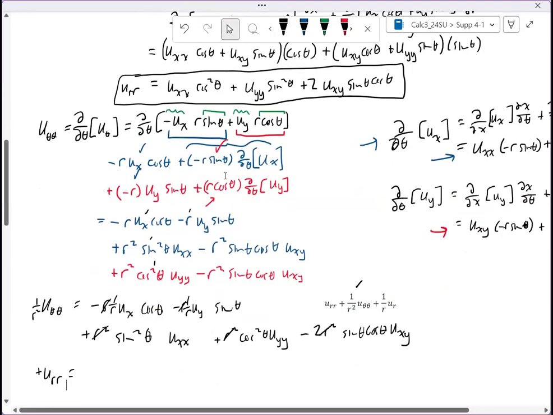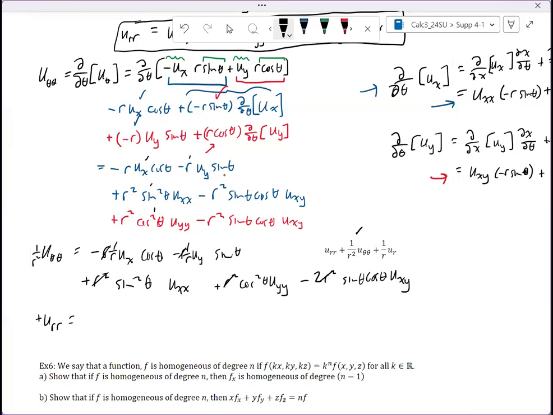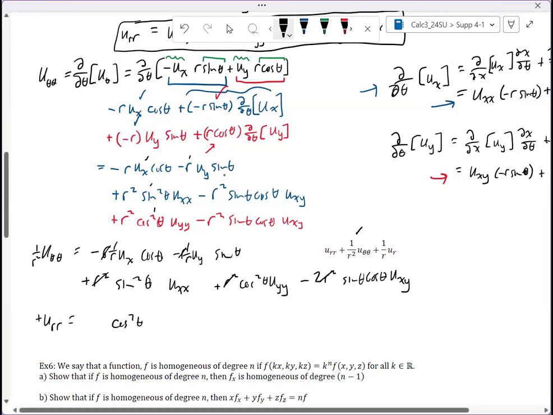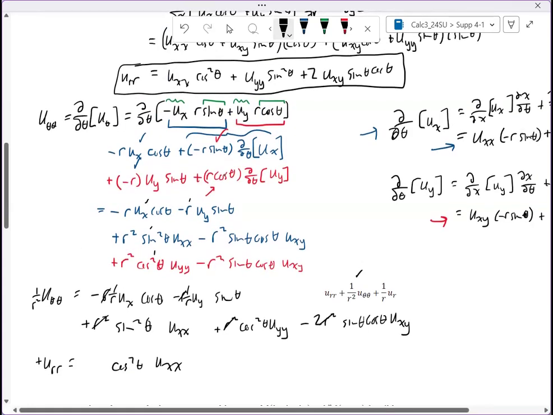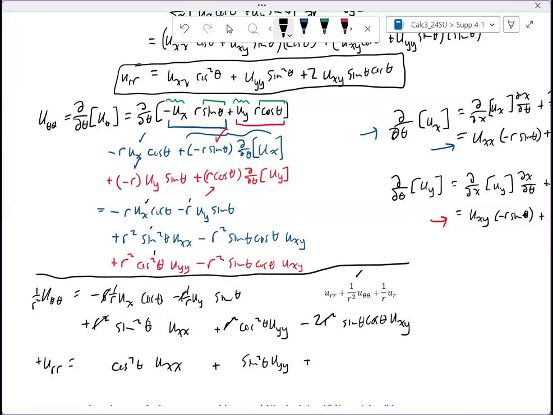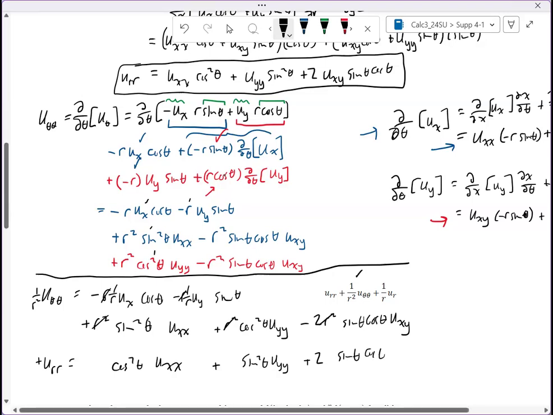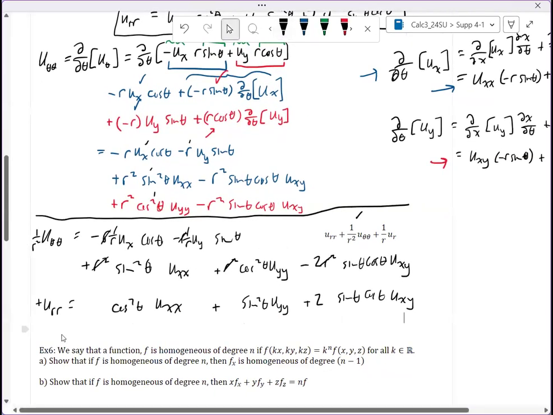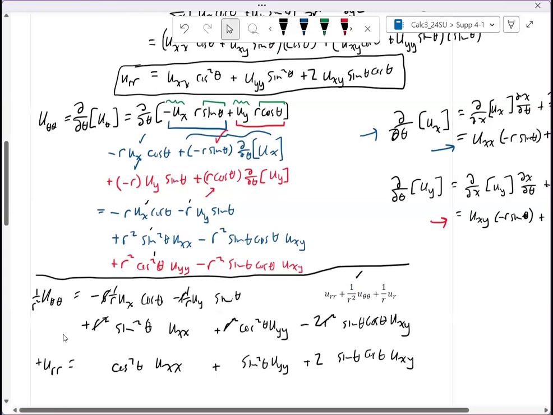That was this stuff up here: cos squared theta u_xx, plus sine squared theta u_yy, and these all go together. So let me put a line there so they don't get mixed up. And then plus 2 sine theta cos theta u_xy. I think we're starting to see where some of this is going to end up canceling.